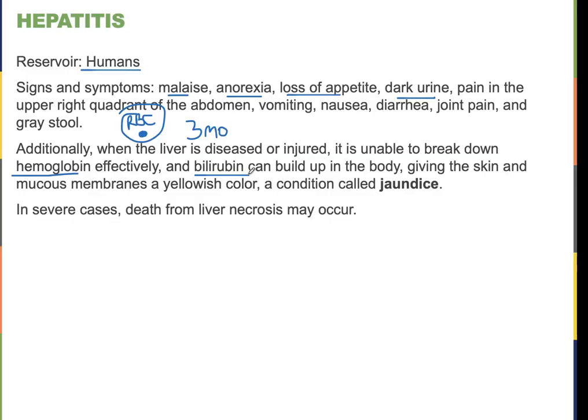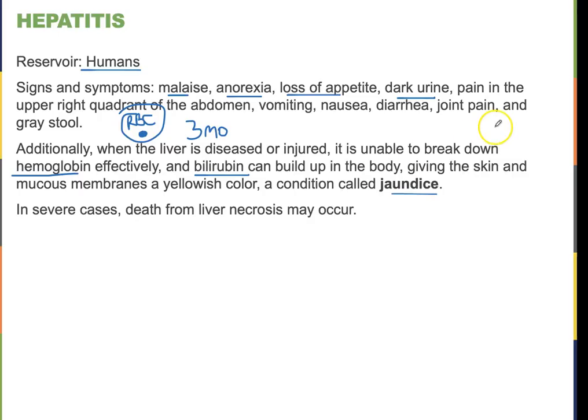Bilirubin has a greenish color to it. So that bilirubin, if it goes into the urine, it will produce a dark color urine. And that bilirubin will back up into the bloodstream. And then that will basically color your skin a yellowish color. The whites of your eye become yellow, and that is called jaundice. So when you see someone with jaundice, it basically indicates that they have liver dysfunction.